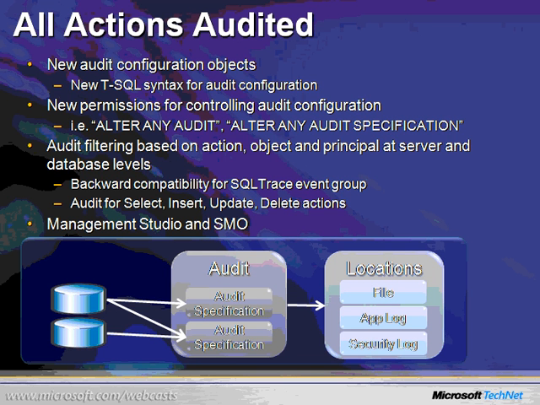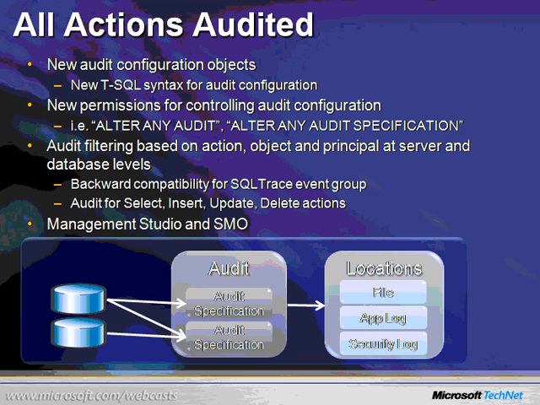You can log to the application event log, so the Windows application event log, or you could log to the Windows security log. So those are your 3 choices of where you want to log. Creation of and altering of an audit object is controlled, so there's new permissions in the system, alter any audit, create any audit.